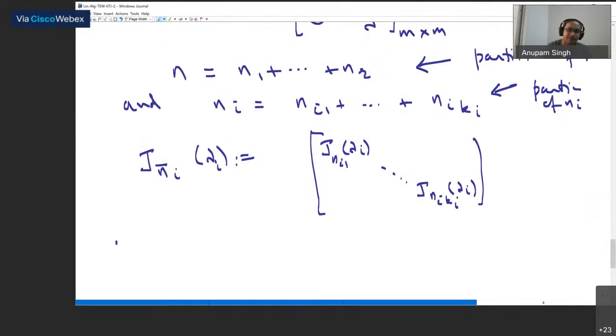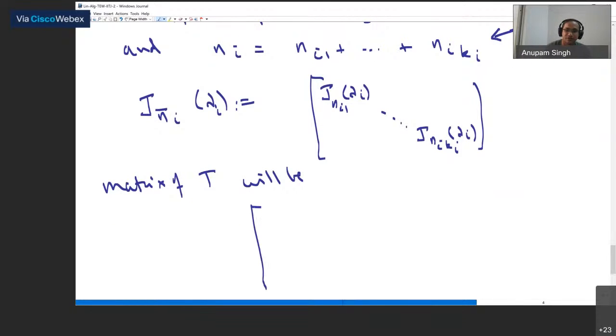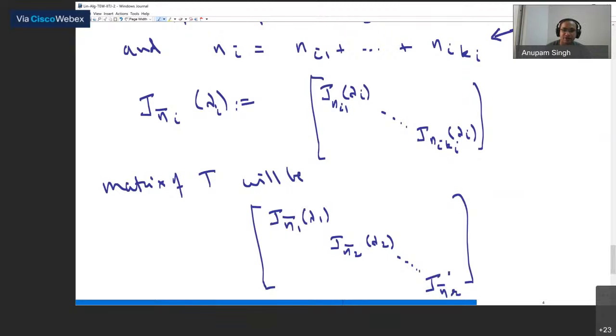So the final matrix, the matrix of T, will be, this is how the matrix will look: J n1 bar lambda 1, J n2 bar lambda 2, and so on, up to J nr bar lambda r.